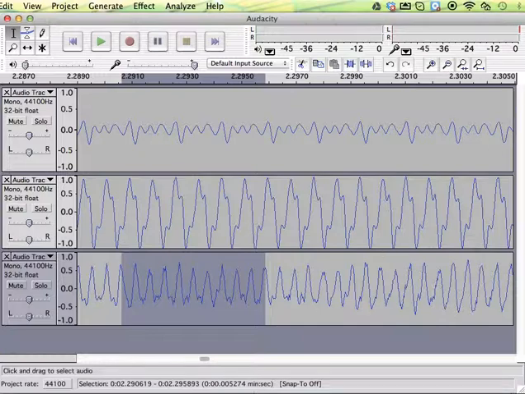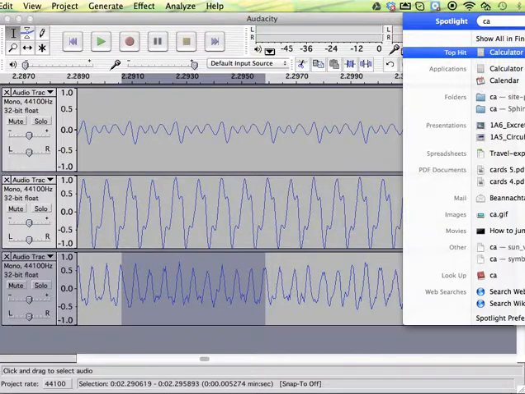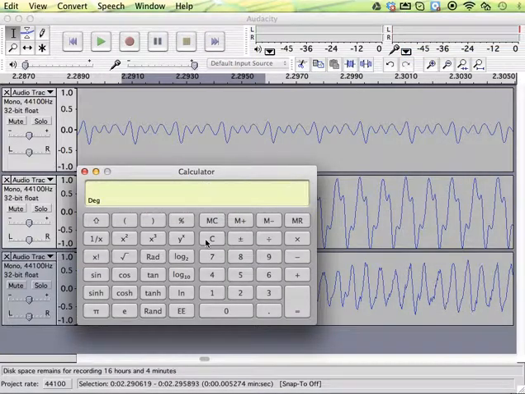So let's do a quick calculation. If we have 0.016861 divided by 10 to get the time for one wave, and then invert to get the frequency, that comes up as 593 Hertz.